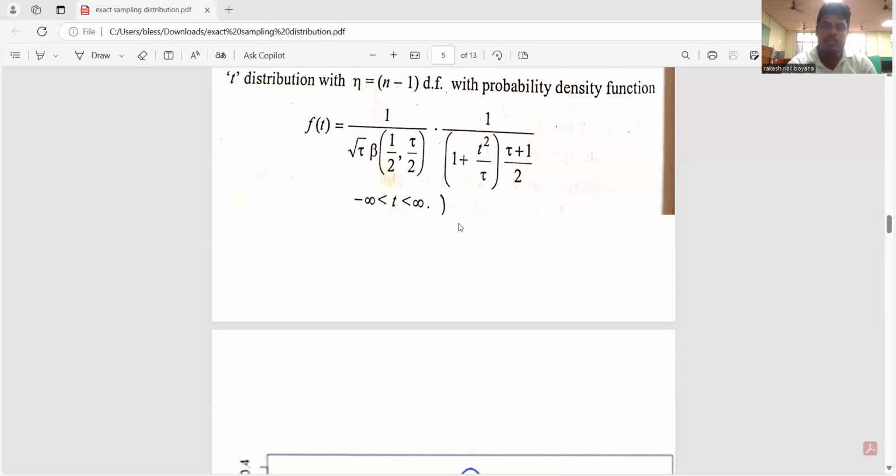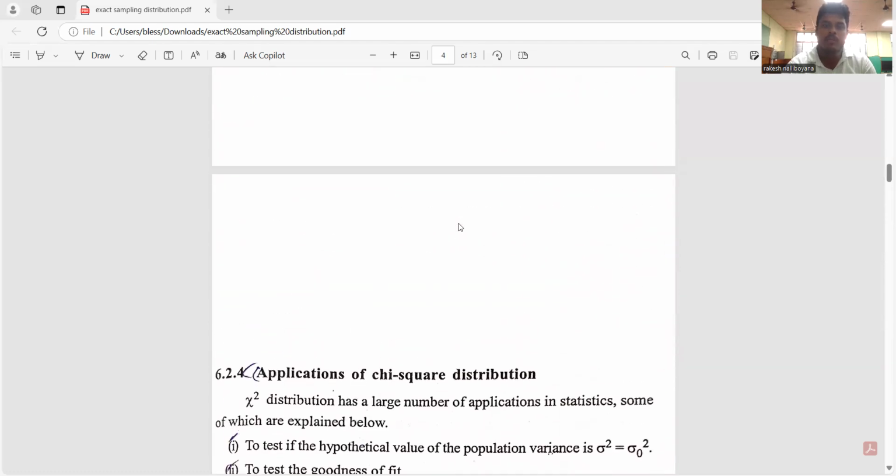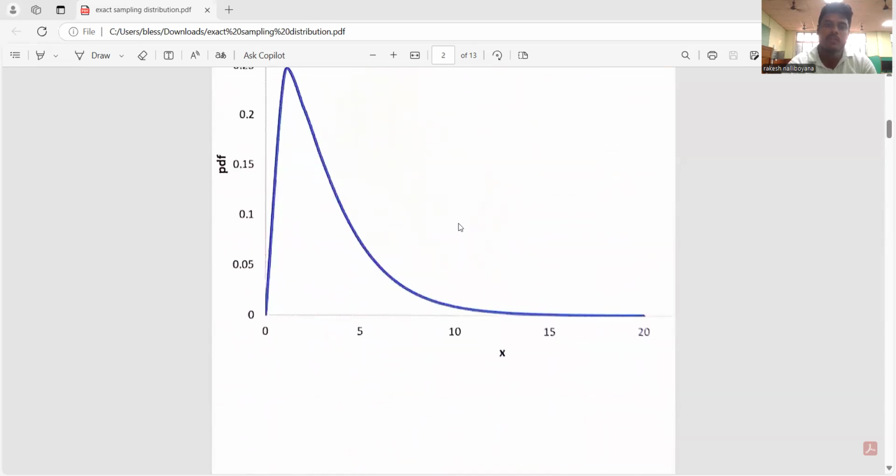If we take, for example, the chi-square distribution, it is stretched more on one side, that is the right side.